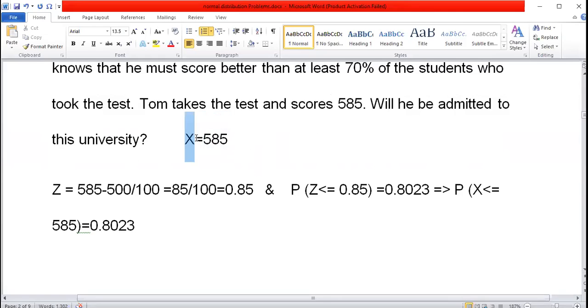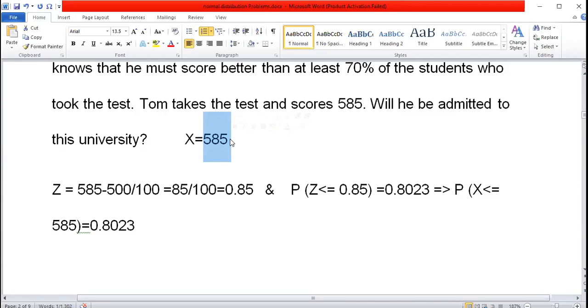What is X? X is John's score. We want to know what percentage of people are getting less than this. Let's say only 60% people are getting less than this. Will he be admitted?